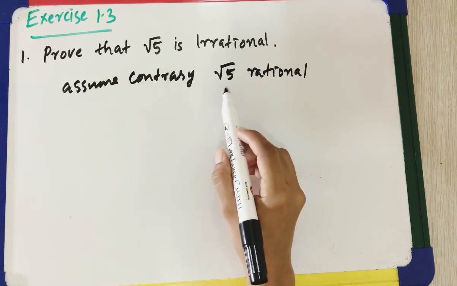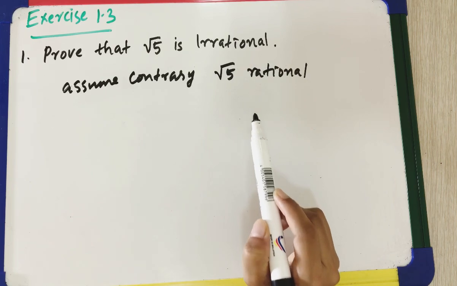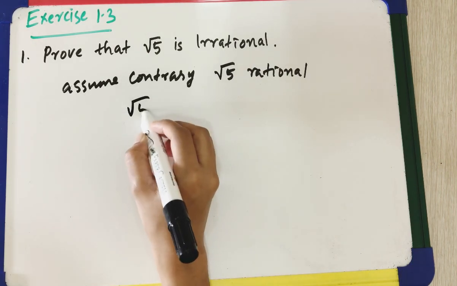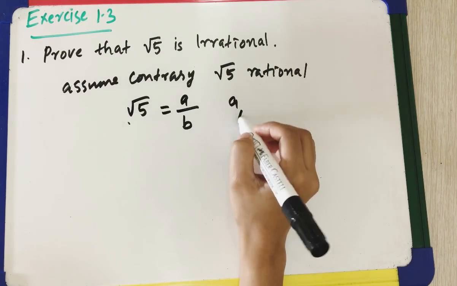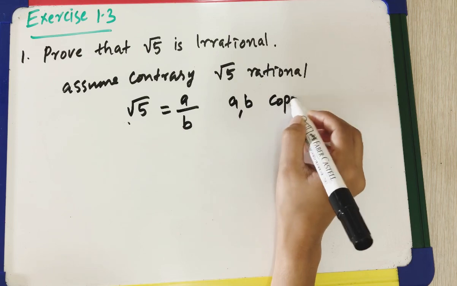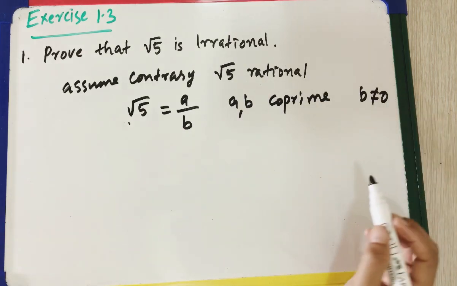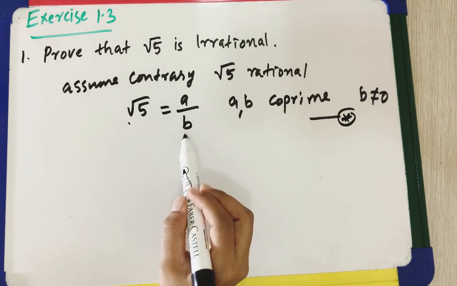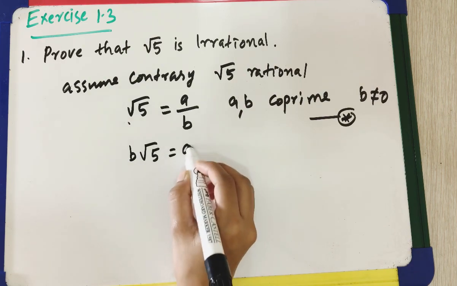If root 5 is rational, we can find coprimes a and b such that root 5 is equal to a by b, where a and b are coprime. Also b not equal to 0. Now root 5 is equal to a by b means b into root 5 is equal to a.